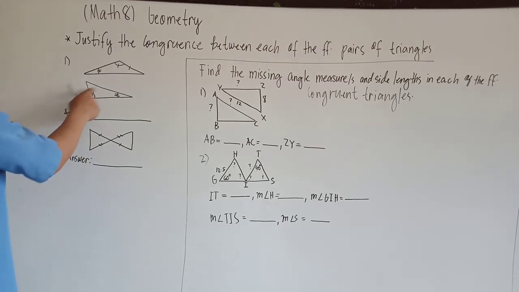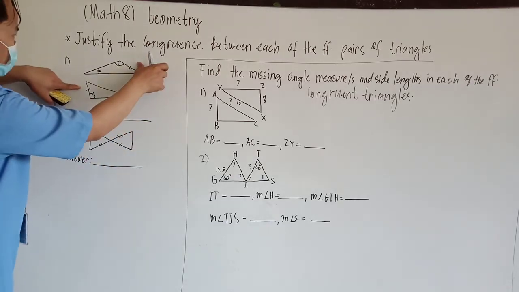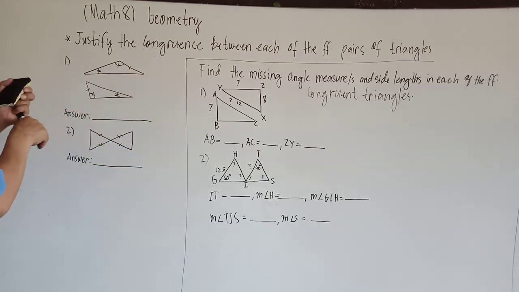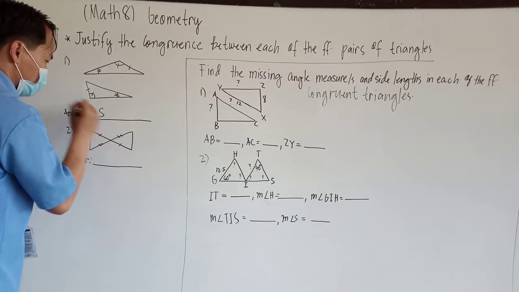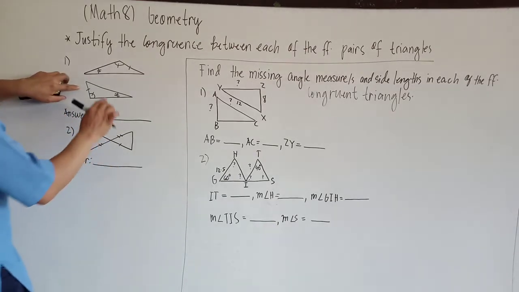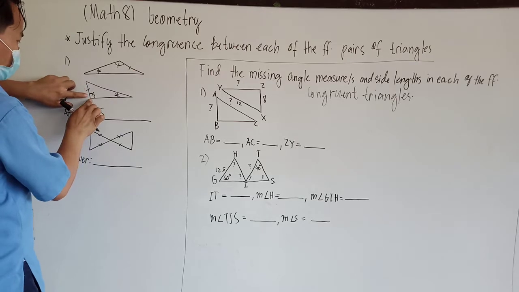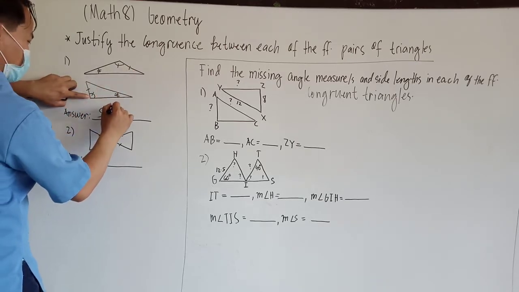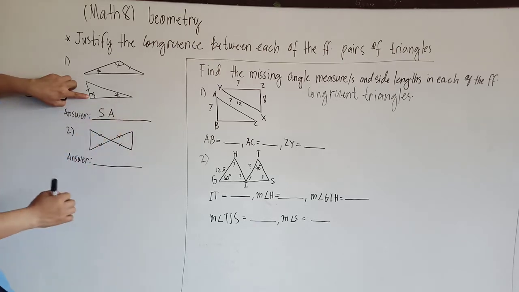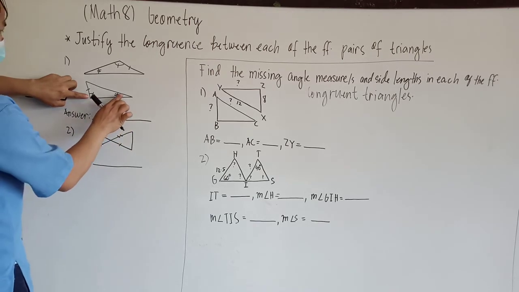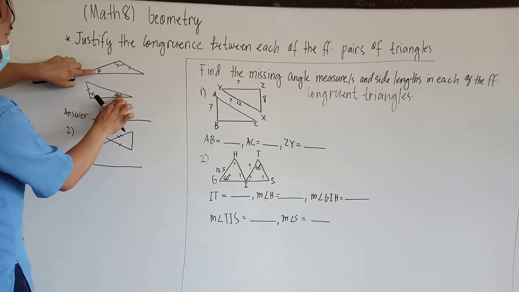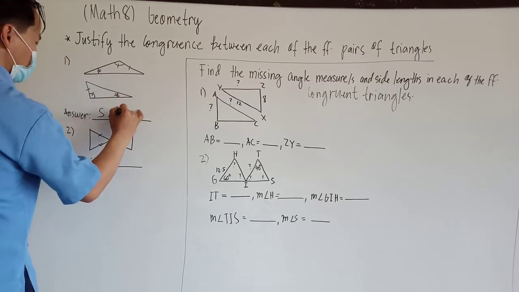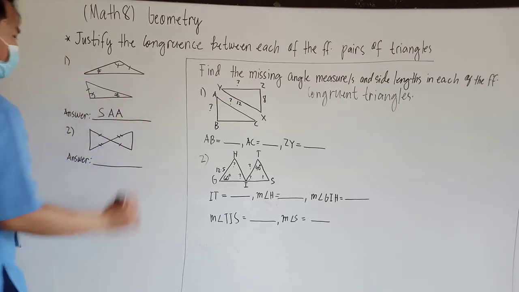The shortest side and the other shortest side are congruent, so we have S, side. Followed by angle: this angle is congruent to this angle. Another one: this angle is congruent to this angle. Therefore, we have SAA.